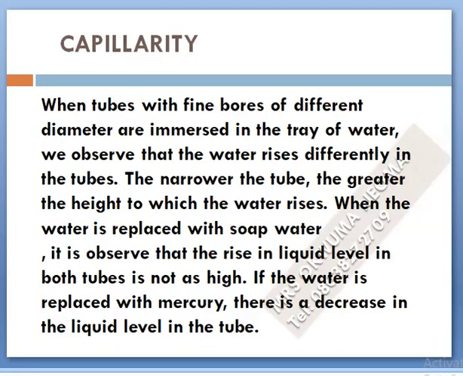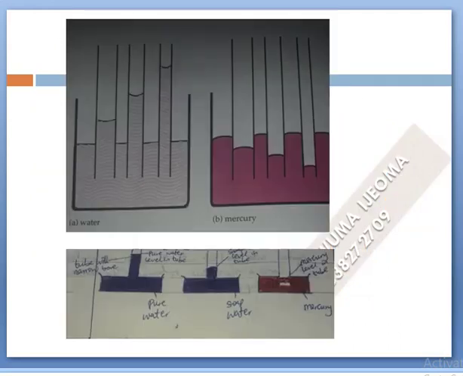Now you find out that when you have fine bores with different diameters, as you can see in this diagram, you have a beaker of water and you have a beaker containing what? Mercury. Now we are talking about the rise in the level of liquid in a tube.